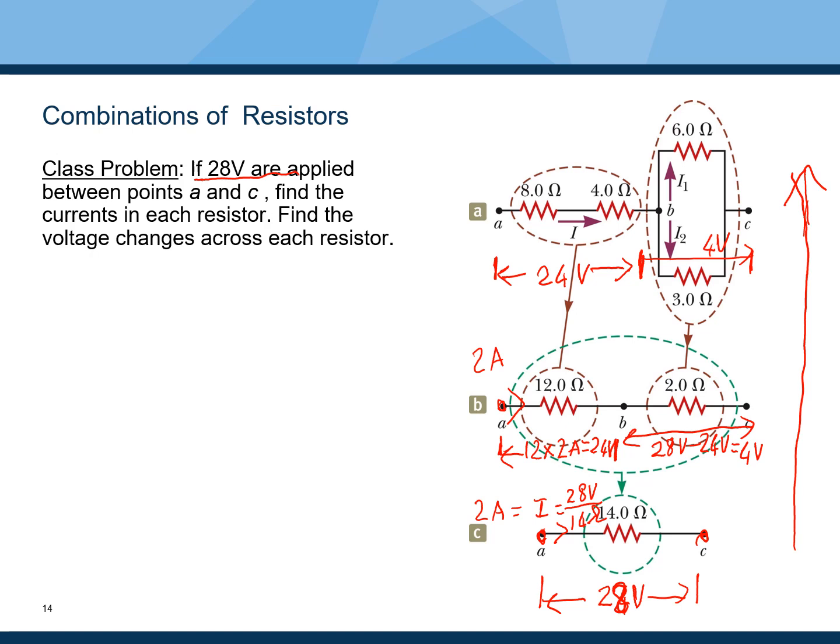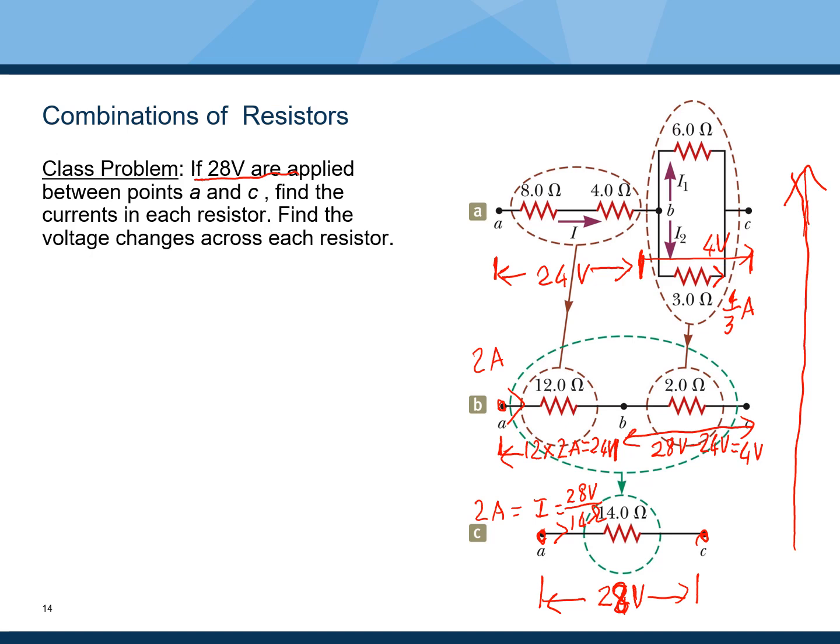Now, if we have 4 volts across points B and C, we can actually say that the amount of current flow across the 3 ohm resistor is just given by I, which is equal to 4 volts divided by 3 ohms, and so the current in this part of the circuit is just given by 4 over 3 amps.